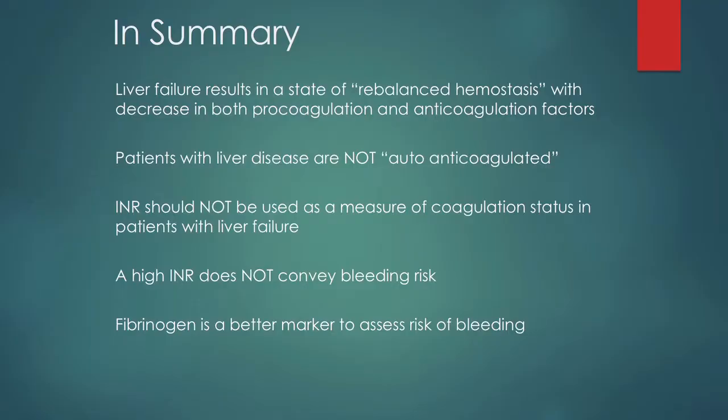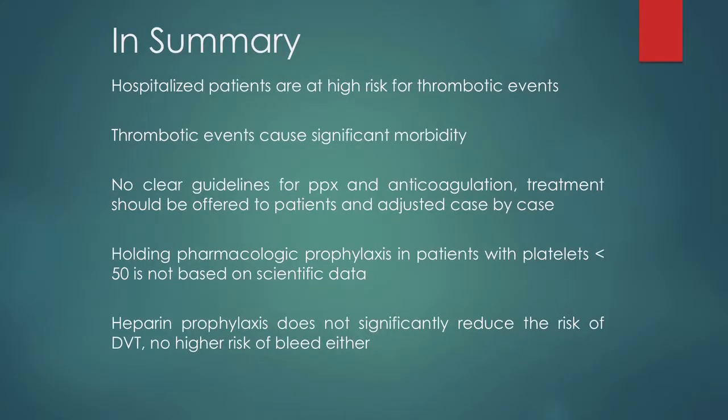We have that hospitalized patients are at higher risk of DVTs compared to regular patients because of this prothrombotic state, or fine line, that whenever they have an inflammation or an infection, the inflammatory response is worse, so that balance gets tipped towards thrombotic events. As I said, thrombotic events are significant because of morbidity.